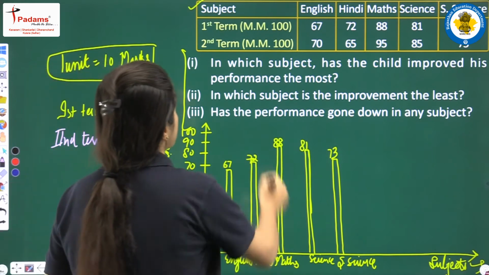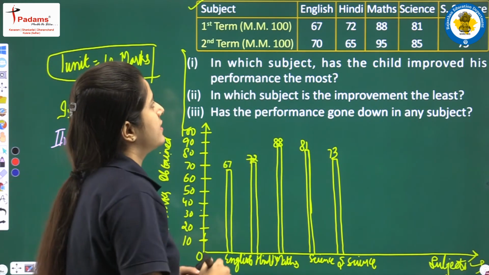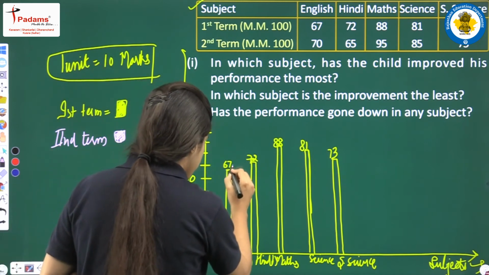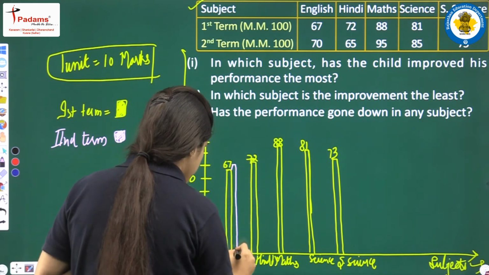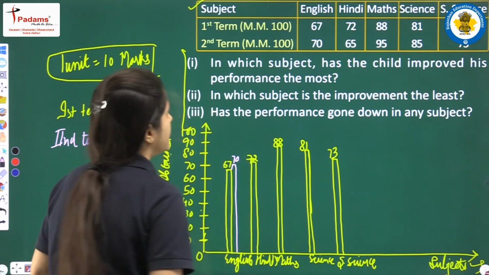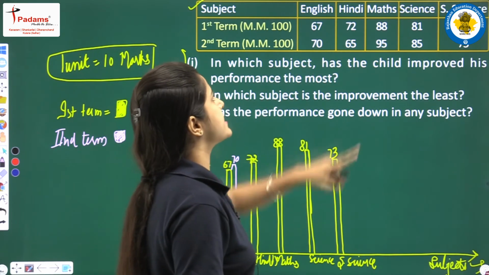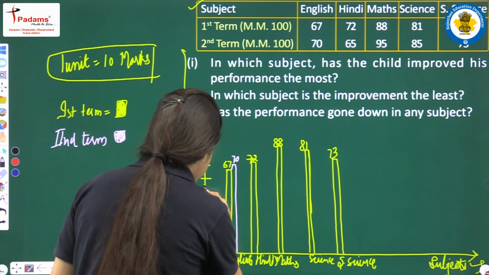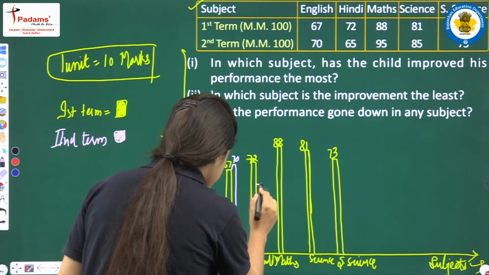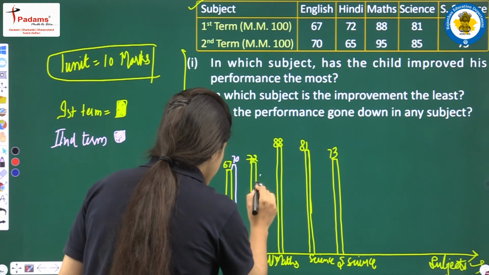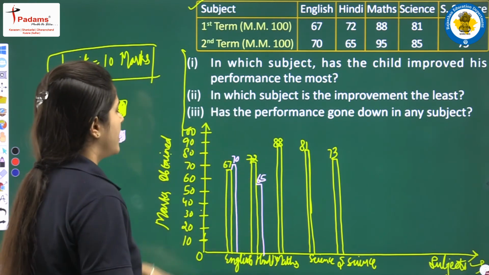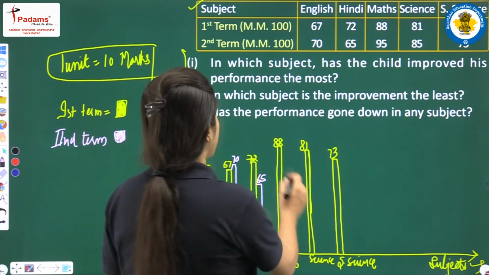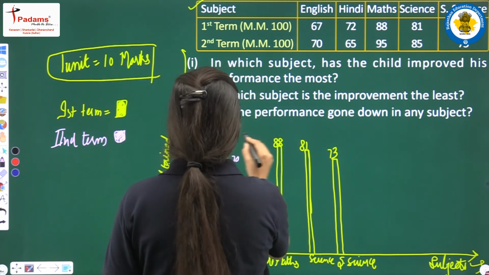Alright students, in the second term, he is getting 70 marks in English. Okay. Students, in Hindi, he is getting 65, in the middle of this. Alright students, now he is getting 95 in mathematics. 95 in maths.